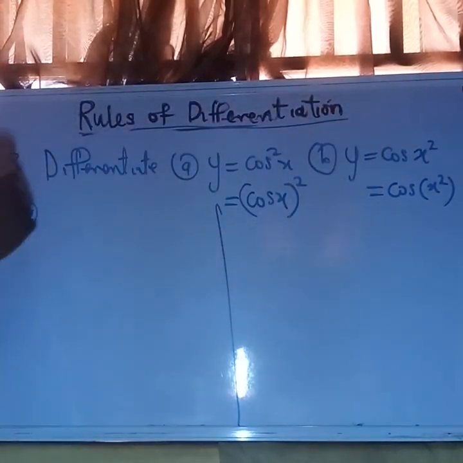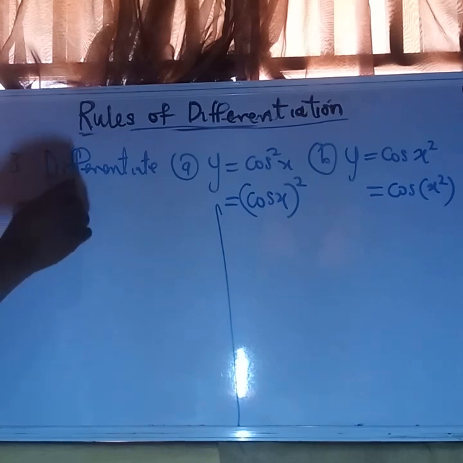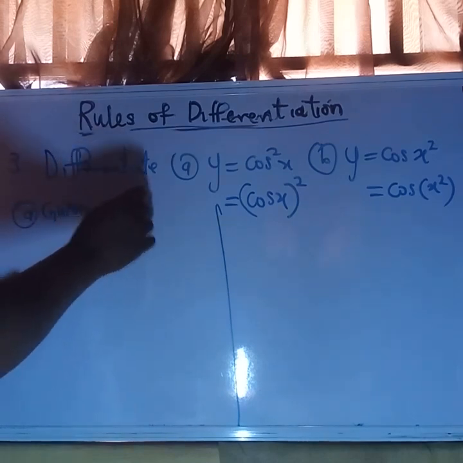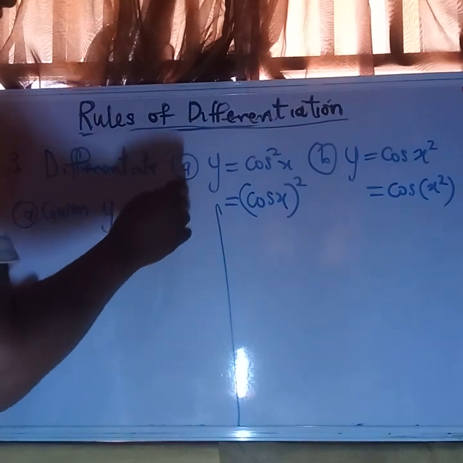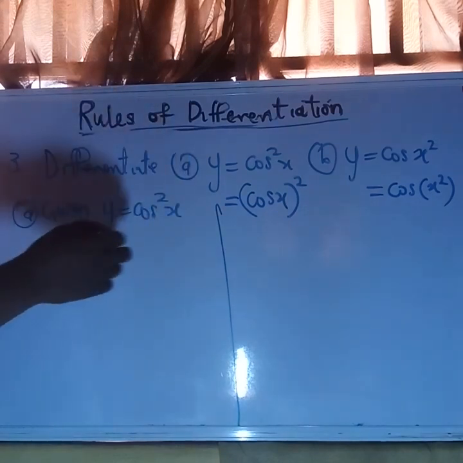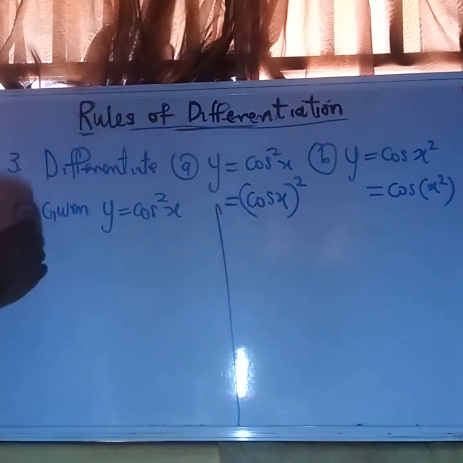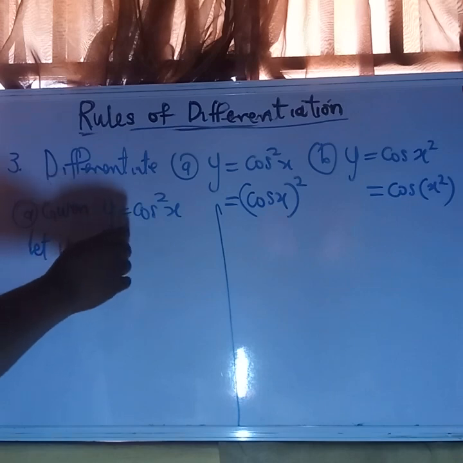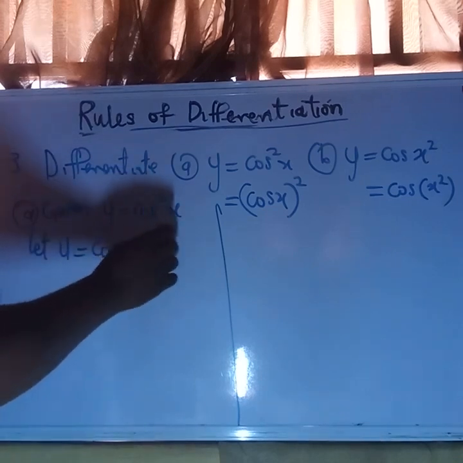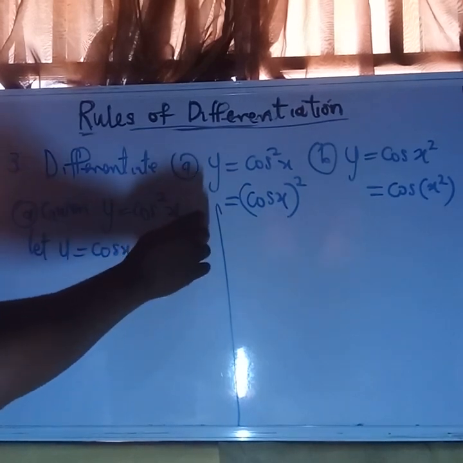From A, we are given y equal to cos square x. If you look at this, we see that the inner function here is cos x. So we say let u equal to the inner function, which is cos x, and y will be u squared.